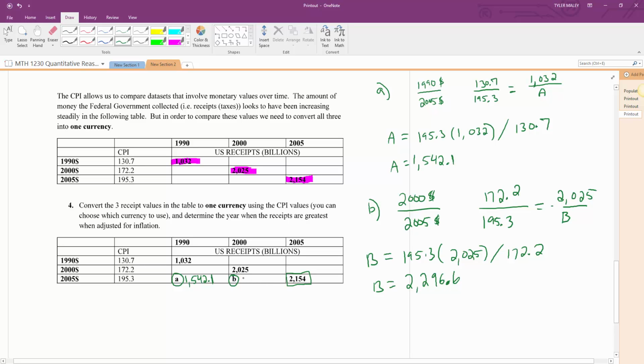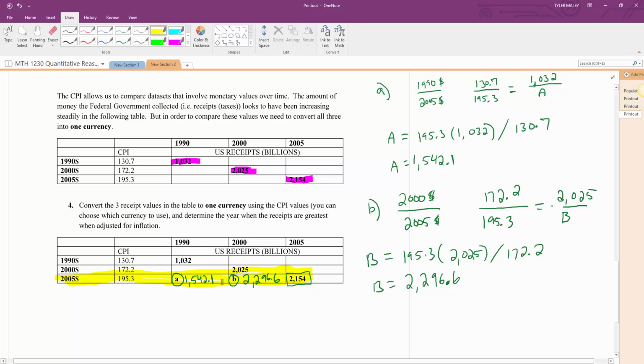So that value would go here, 2,296.6. So now on this last row, for $2005, everything is in $2005.